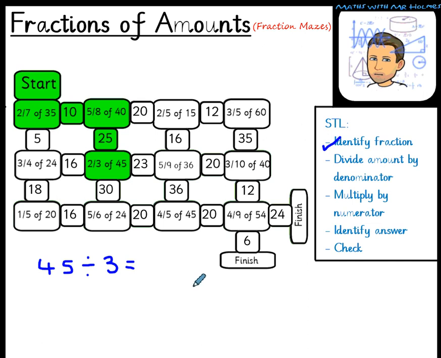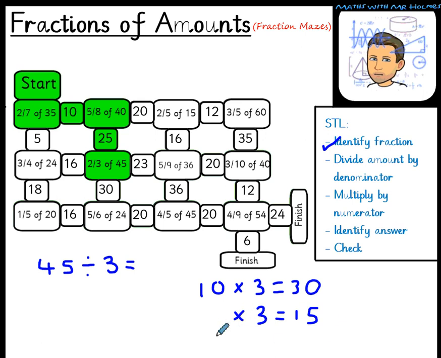So what do I know? Well, I do know that 10 times by 3 equals 30. Now, if I take that off 45, that would leave me with 15 more to find. I'm dividing it by 3, so how many 3s would make 15?